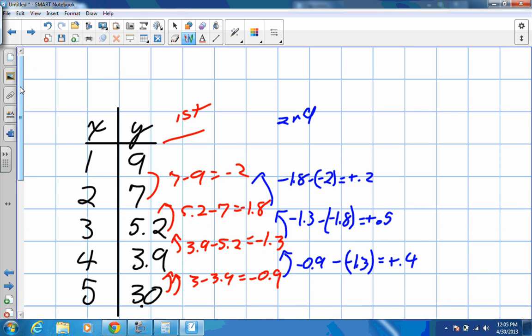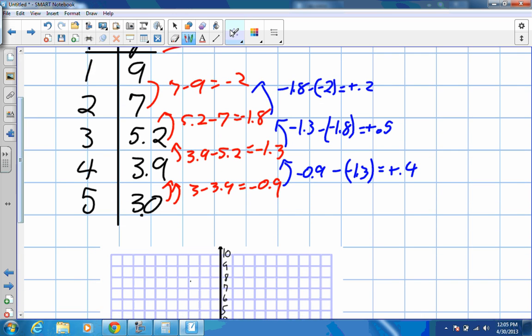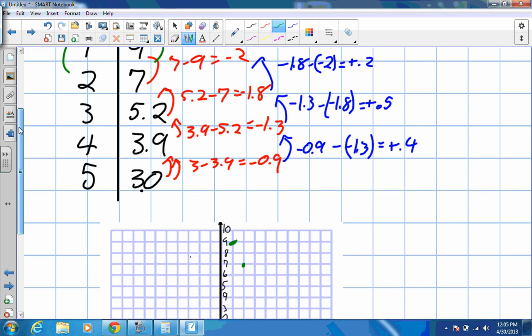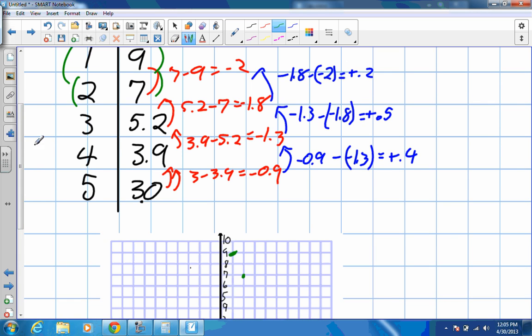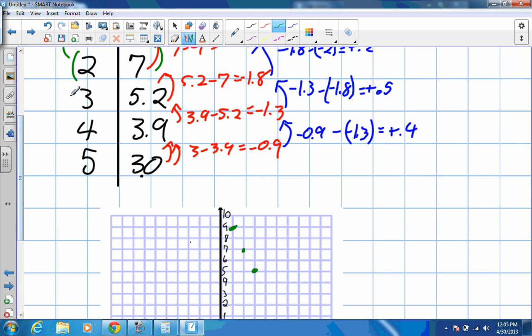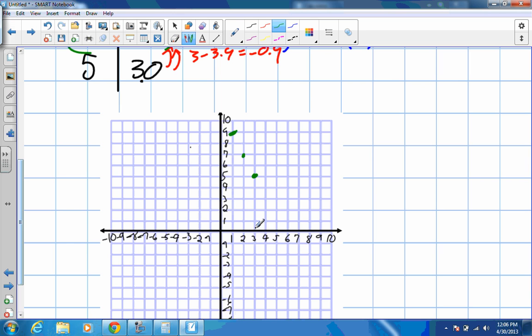Let's plot these and take a look. 1 and 9, 2 and 7, 3 and 5.2, 4 and 3.9, and finally 5 and 3.